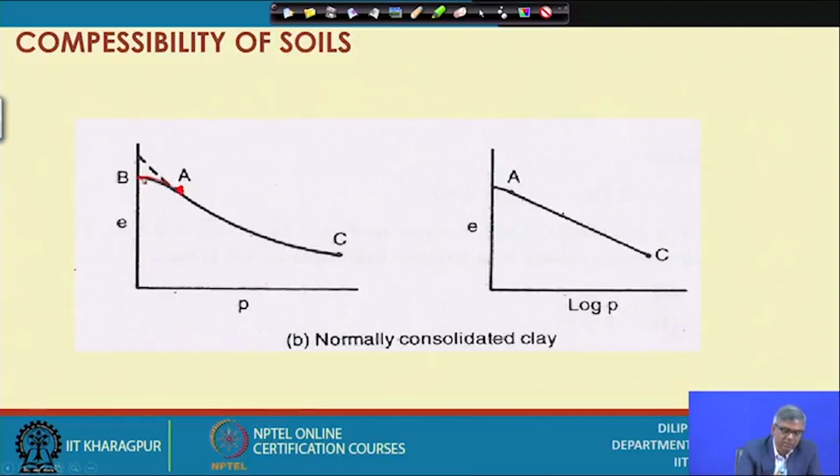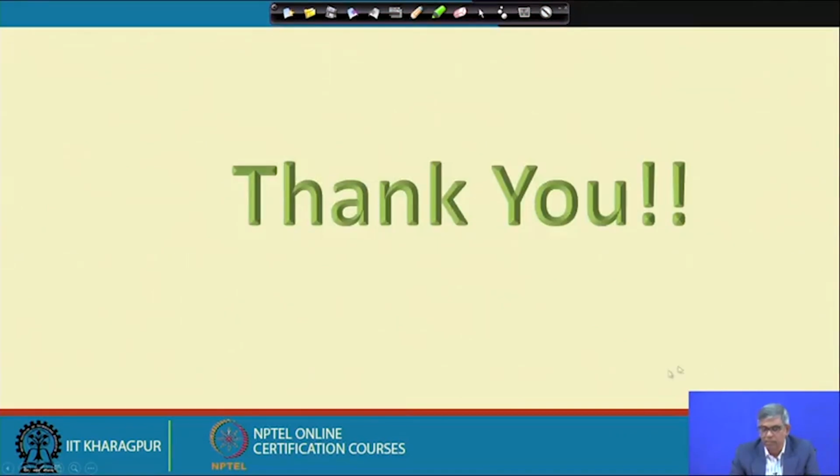Now, if I start pressurizing from here, up to this it is a recompression, and when pressure increases beyond this, then it is normal consolidation, that is your virgin consolidation. If you plot this curve in the log scale, you will get up to A a little curve and then a straight line. So, this is the behavior of normally consolidated soil, and that is all.